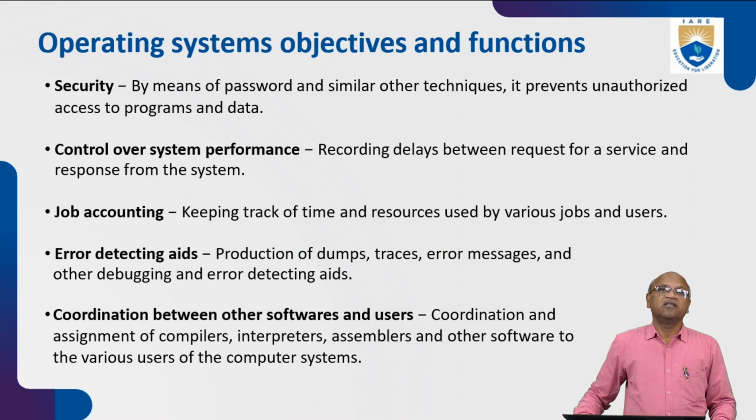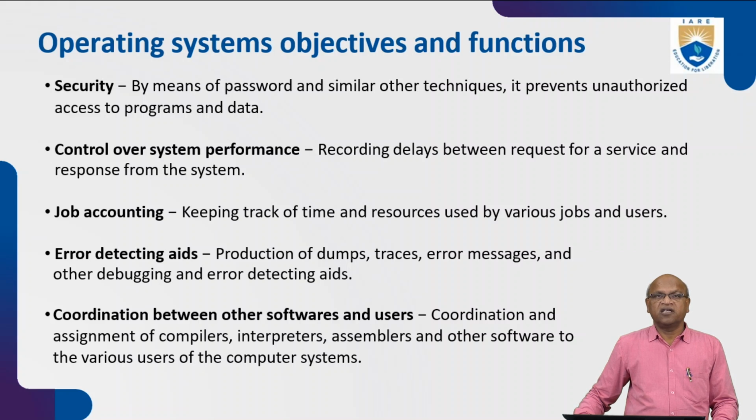So these are security and control over system performance. What is security? By means of passwords and similar techniques, it prevents unauthorized access to the programs and data. This is simple security, that is password and authentication. Control over system performance is recording delays between requests for a service and the response from the system.